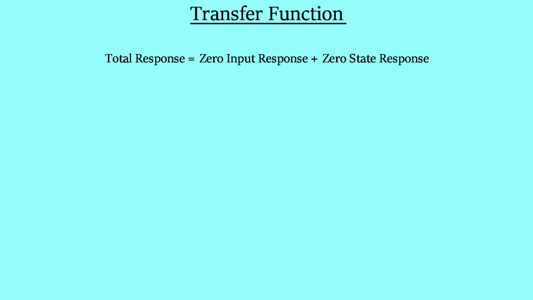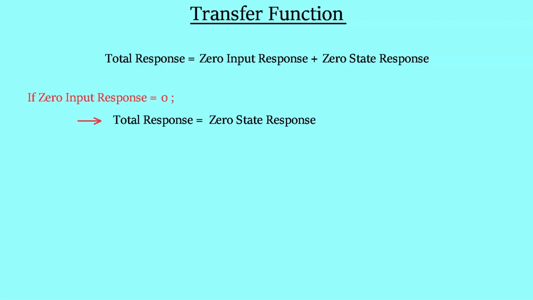Similarly, when we talk about zero state response, it means the initial state of the system is assumed to be zero and the response will be corresponding to the input provided to the system. Now if we assume the zero input response is equal to zero, which means that the response corresponding to the initial state of the system is zero, then the total response will be equal to the zero state response.